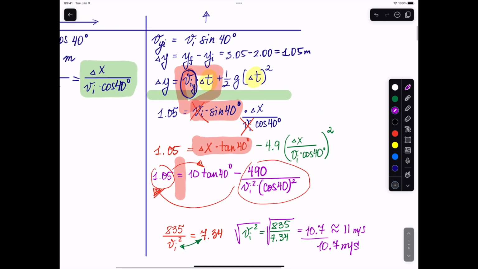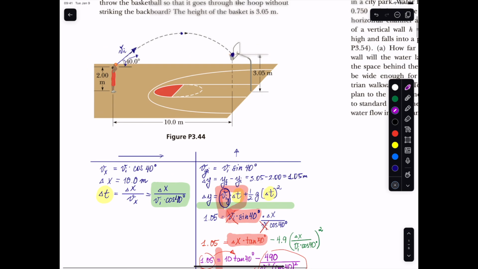Now the quick check. If I want to make sure that what I calculated is correct, if this is 10.7, then 10.7 cosine of 40 will give me 8.2. Then if I take 10 over 8.2, that'll give me change in t of 1.22 seconds. And then if I plug this in there, I will get change in y.